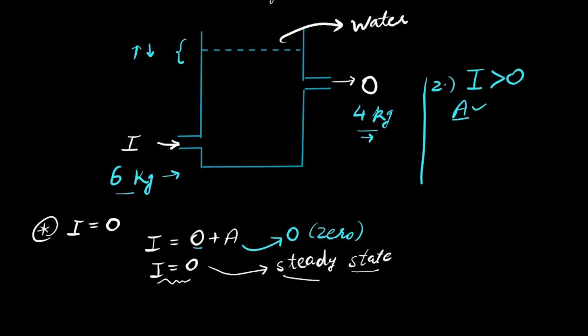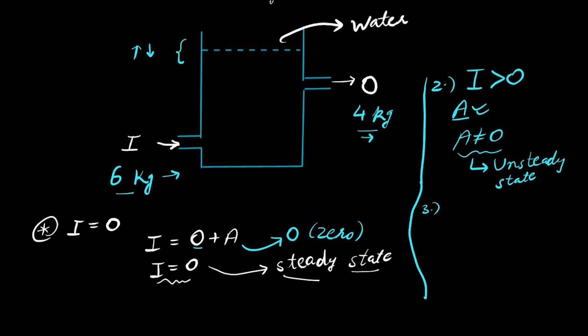Something will get accumulated in the vessel. So accumulation is not equal to 0, and this condition is known as unsteady state. Whenever accumulation is not equal to 0, there will be unsteady state. Let us take another example.